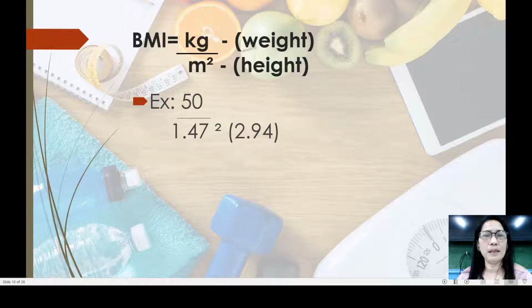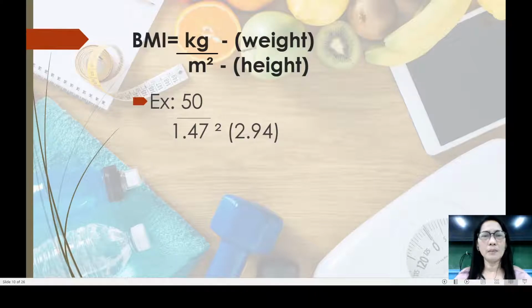And then, yung aking height is 1.47. Dati siya, kung nasa centimeter siya, is 147.5. Yan ang aking centimeter. Pero dahil meter ang hinahanap ko, move the decimal point to the left, kaya naging 1.47.